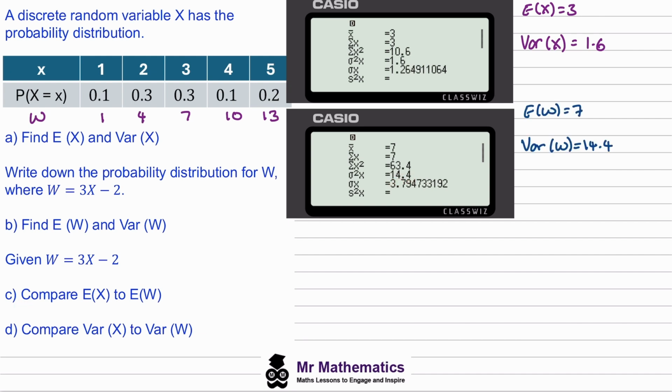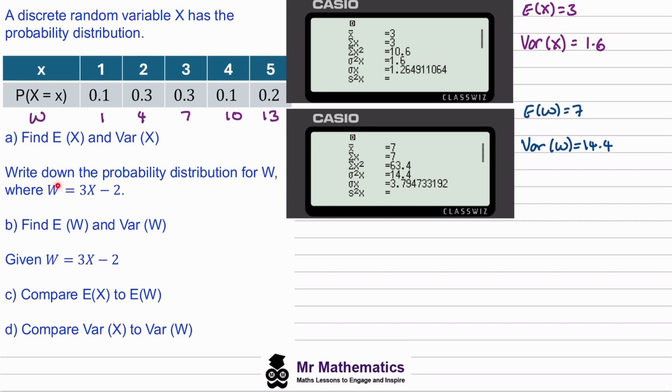So then for part C, using that W as a function of x, compare the expected value of x to the expected value of W. Well, if we use our function of x, this W could be the expected value of W, because this is just the mean.